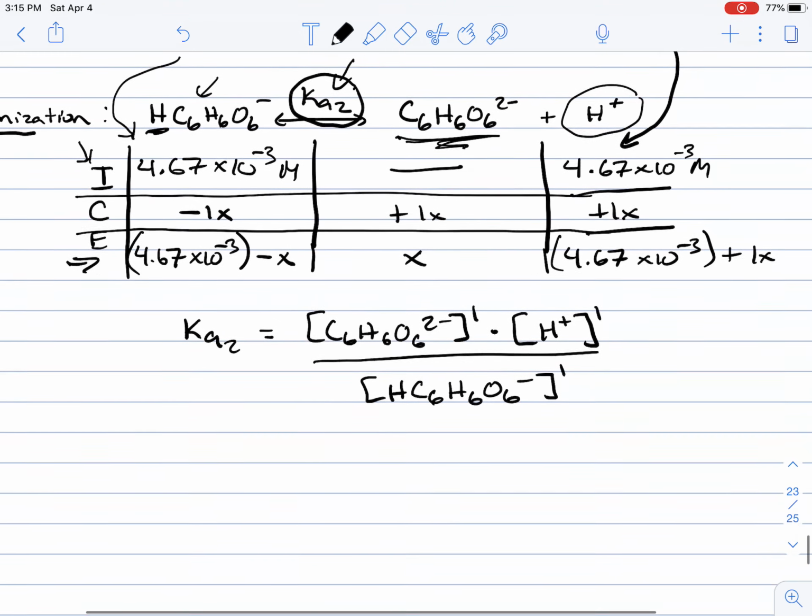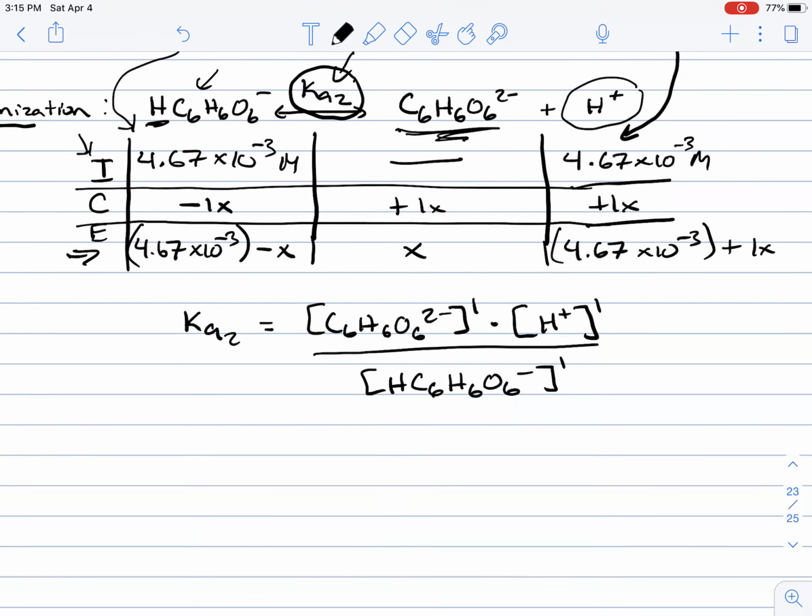And now that we have the mass action expression, we're going to replace every single one of these variables with either a value or an expression found in the last row of our ICE table.